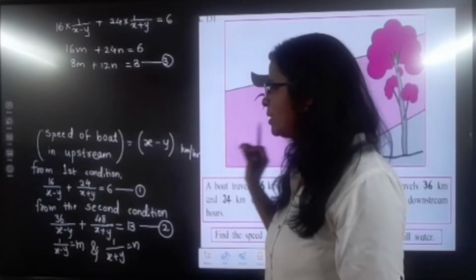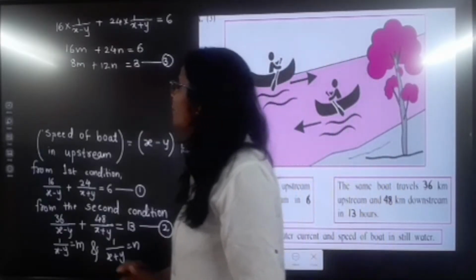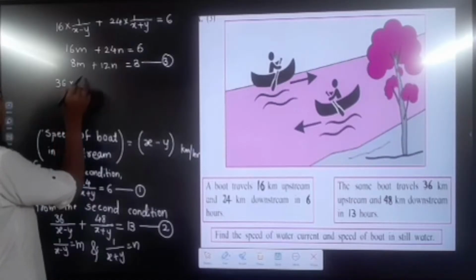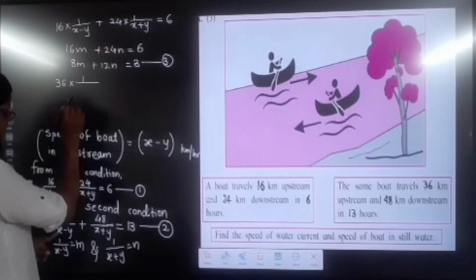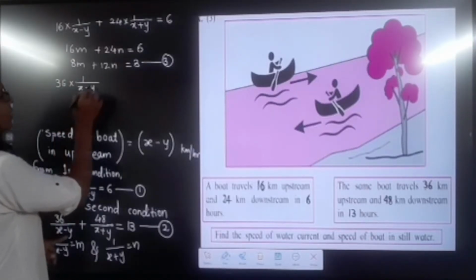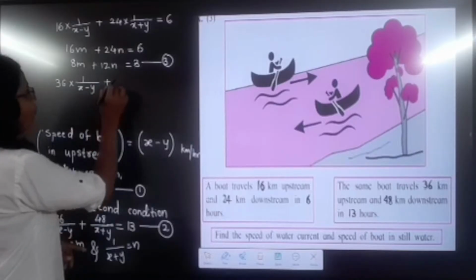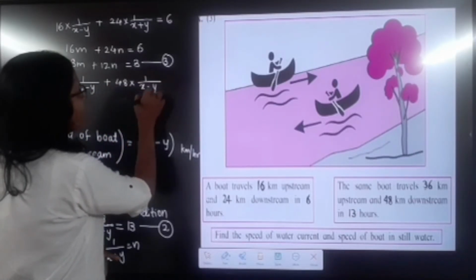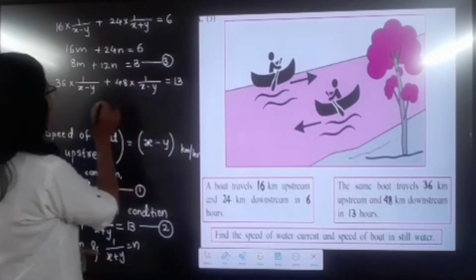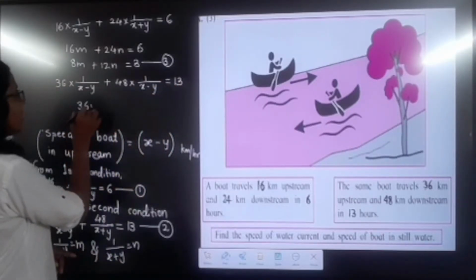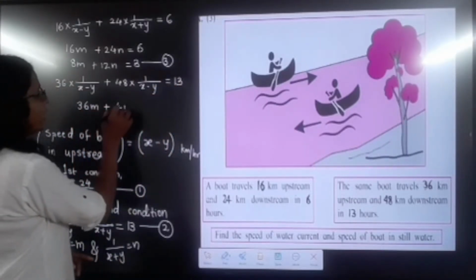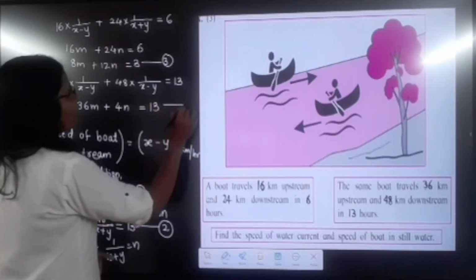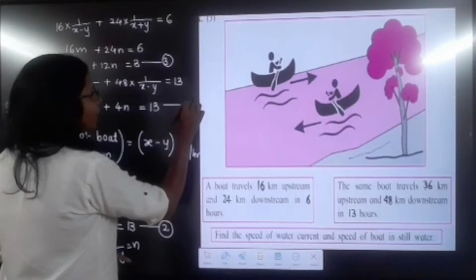Now the second equation, students: split it as 36 multiplied by 1 upon x minus y plus 48 multiplied by 1 upon x plus y is equal to 13. So it becomes 36m plus 48n is equal to 13. Call it the fourth equation.